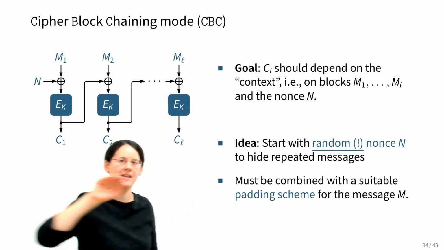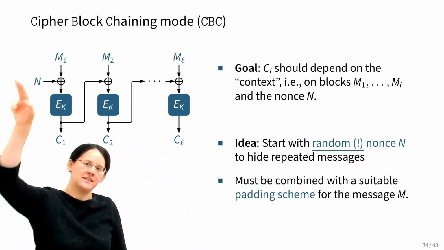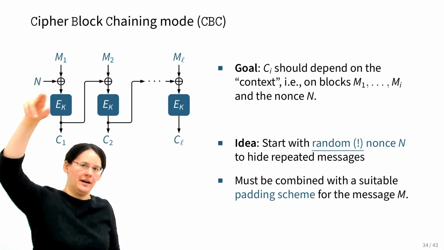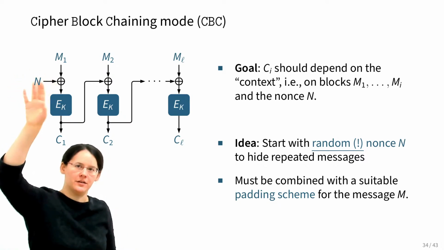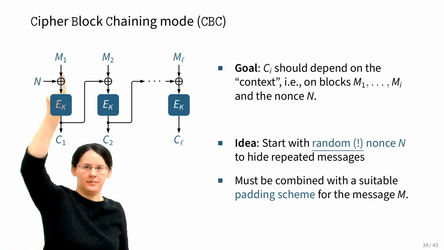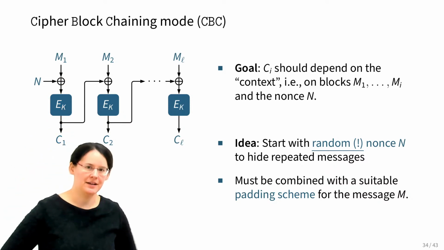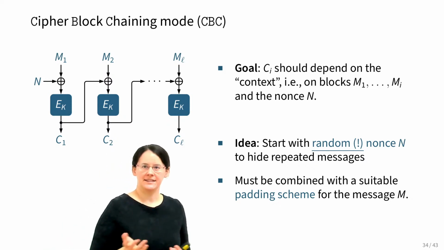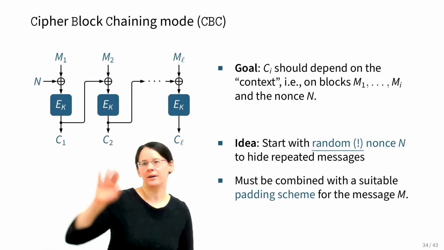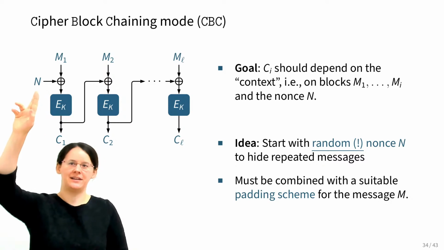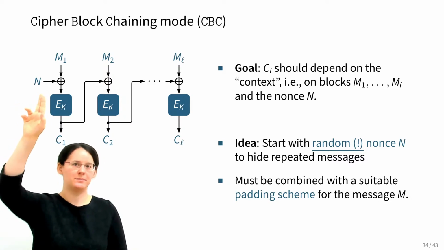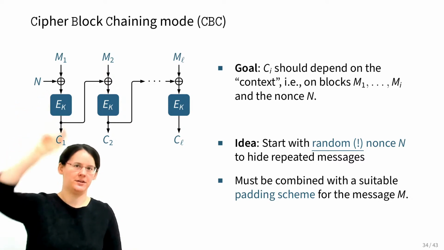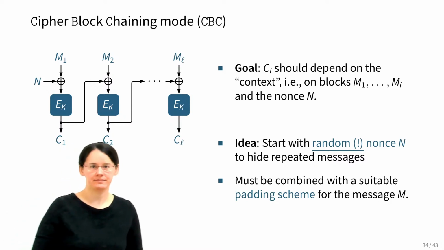However, to prevent that this happens at all, we kickstart this chain with this random value. So that starting from the first message already, we have this masked value and thus no repetitions. Okay, so that's the idea. This is one of the examples of a scheme where we actually can't use a counter here, but absolutely need a random, unpredictable nonce value.